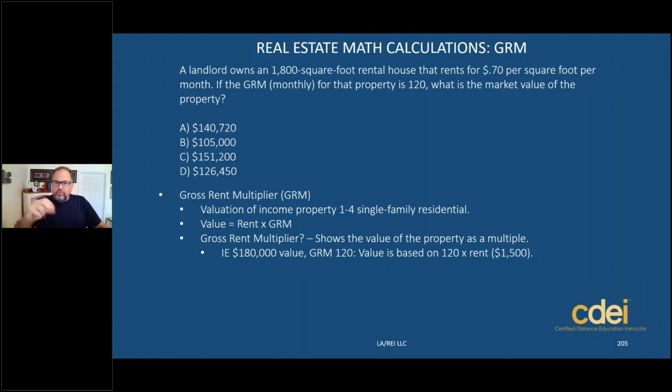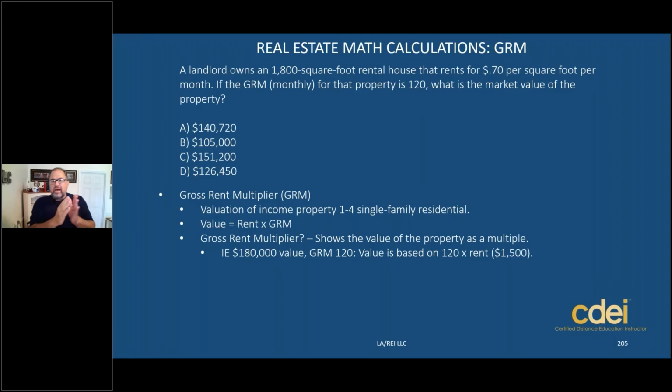So that's the multiplier of GRM. $1,500 a month times 120 gives me 180,000, just like the formula says. But in theory, the way to understand it, the gross rent multiplier is nothing more than the multiple, that number multiplied times the rent gives you the valuation.